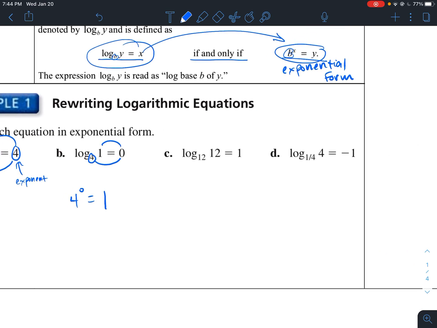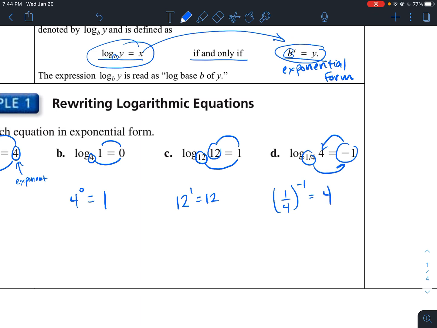Okay, for here, that's my base. 12 to the 1 power is equal to 12. 1 over 4 raised to the negative 1 is equal to 4.